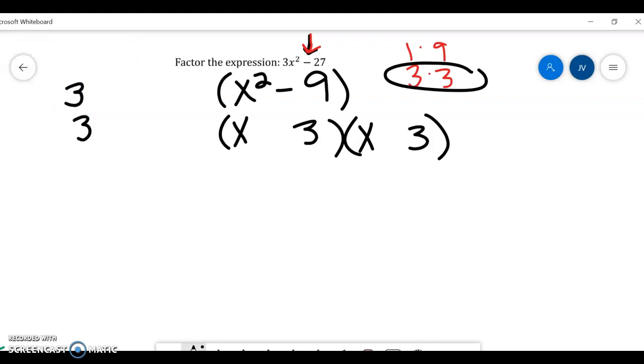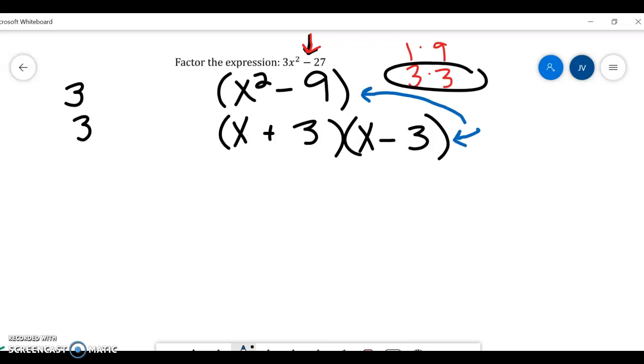Now, I have a negative 9 here, so when I multiply, I need to have a positive and I need to have a negative. So let's distribute this part out to see if these two are actually factors of this one right here.